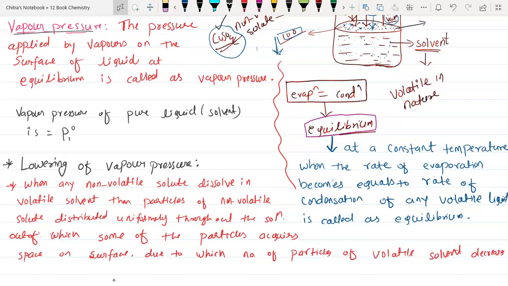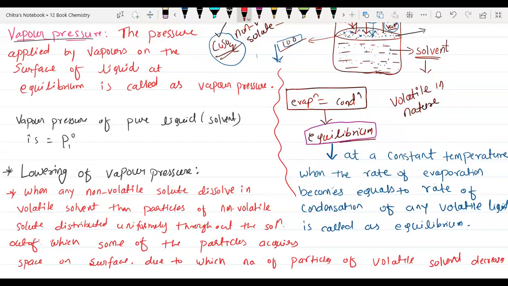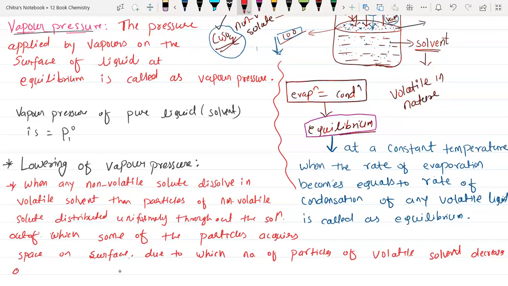Is it, everyone? The number of particles of the volatile solvent will decrease on the surface, no? Yes, on the surface. So what is it going to lead to? It will decrease the rate of evaporation.